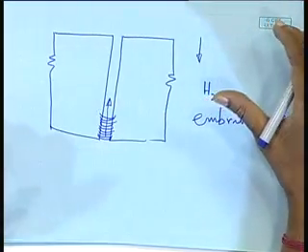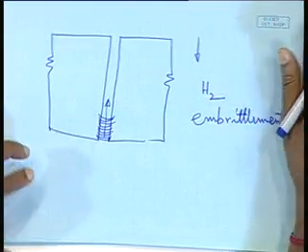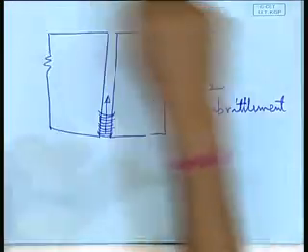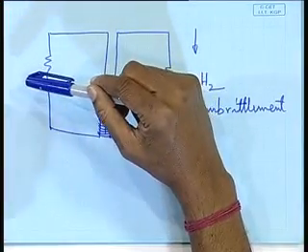Suppose you are welding a steel; after the welding is over, you find some portion is cracked. Why cracked? As if the metal became brittle, so it cracked under the thermal stresses.